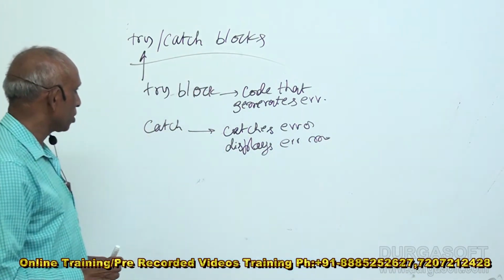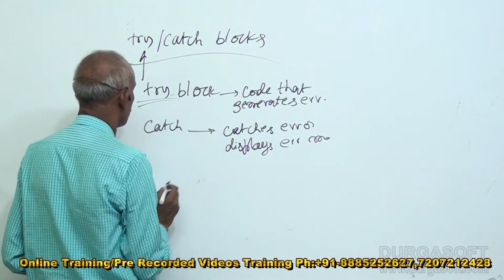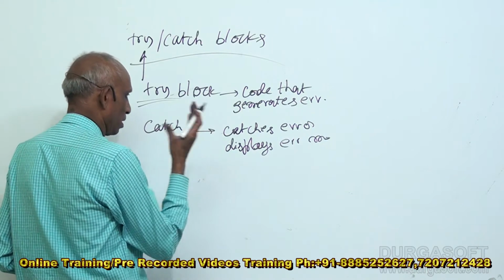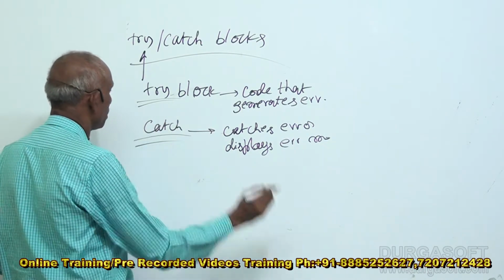So the actual code that can generate the error is put in the try block, and the code that catches the error and displays the error message is present in the catch block.